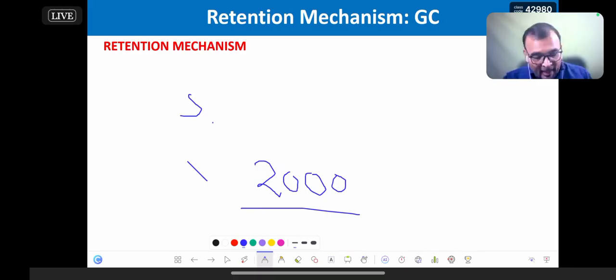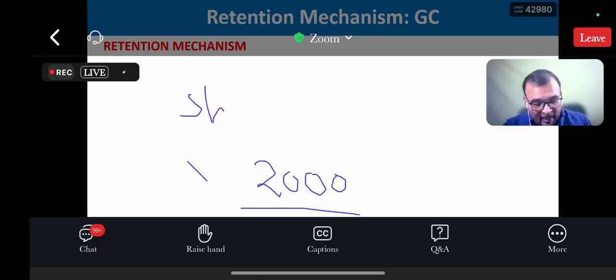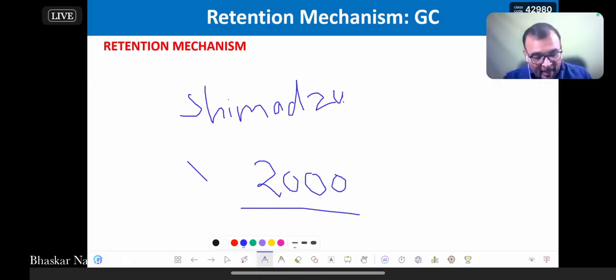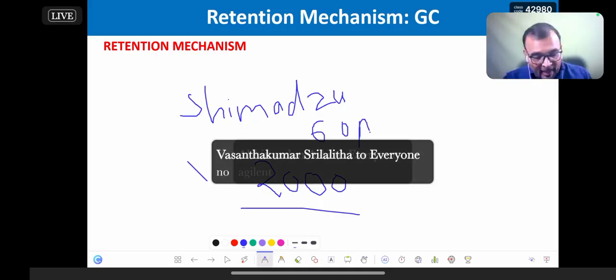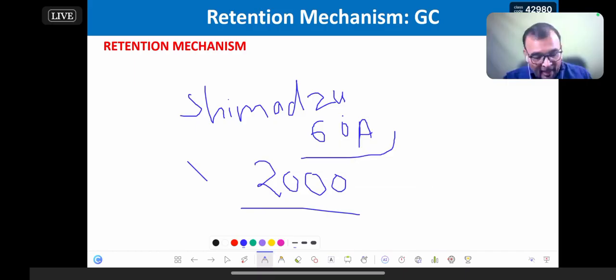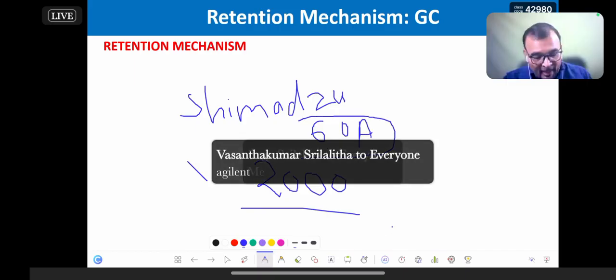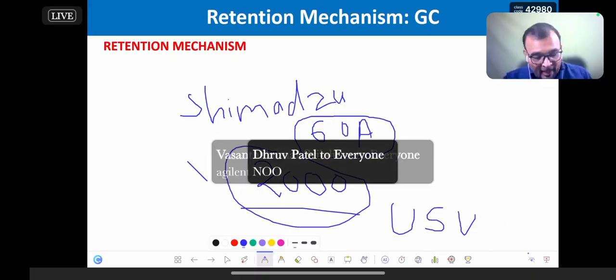How many of you operated the Shimadzu? Type in 'me' in the comment box, or let me know which make of gas chromatography you operated. The model number was something like 16B or so. I don't think this model will be in existence anymore. But this was the model used the very first time in 2000 while working in the industry.